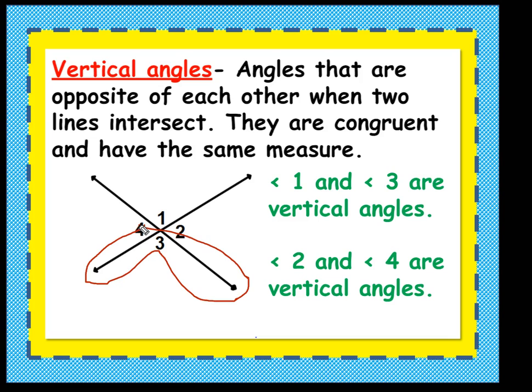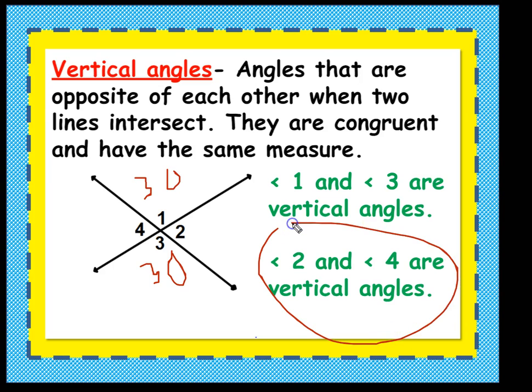So that can only mean that they are congruent to each other, or that they have the same angle. So if angle 1 had, let's say, 30 degrees, then angle 3 would also be 30 degrees.